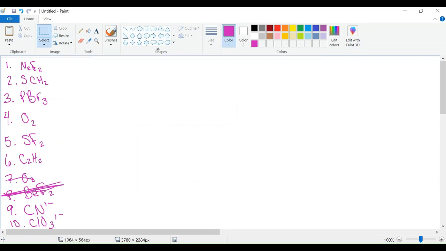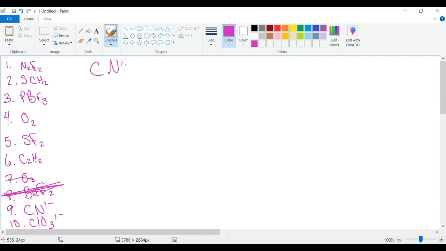But we do draw Lewis structures for our polyatomic ions because our polyatomic ions are covalently bound to one another in order to form an overall charged ion. So I've got CN1 minus as my first polyatomic ion I want to draw the structure for.